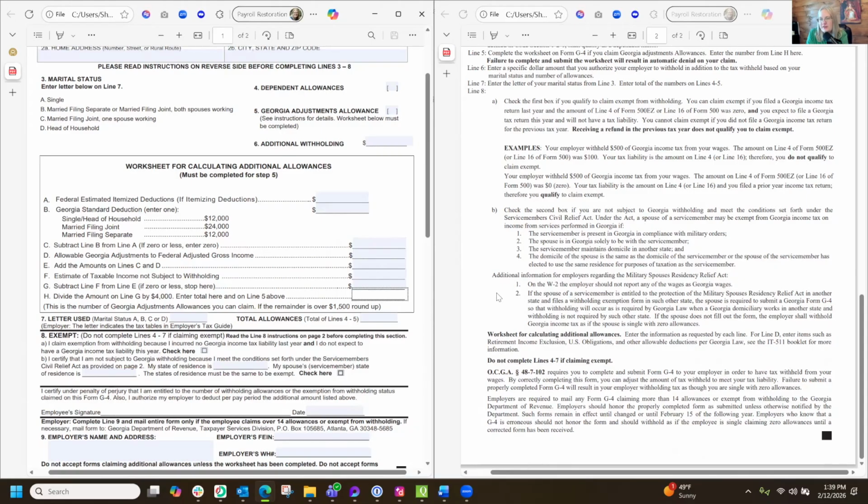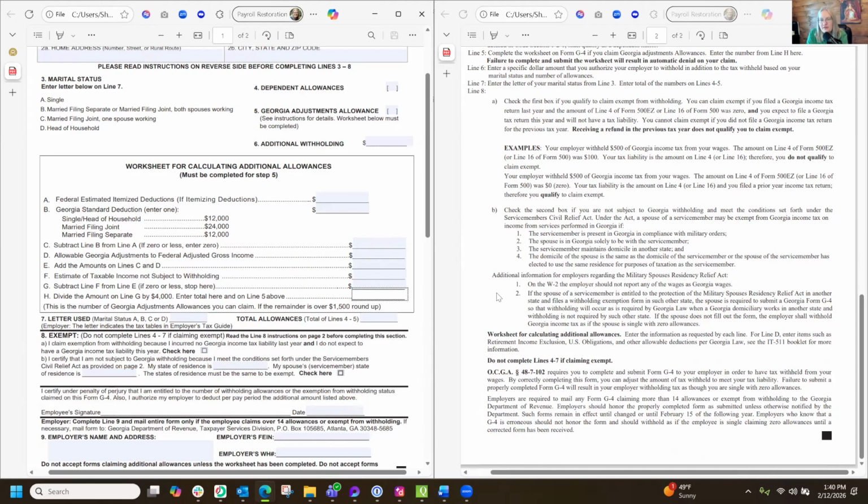Under the act, a spouse of a service member may be exempt from Georgia income tax on income from services performed in Georgia if the service member is present in Georgia in compliance with military orders, the spouse is in Georgia solely to be with the service member, the service member maintains domicile in another state, and the domicile of the spouse is the same as the domicile of the service member, or the spouse of the service member has elected to use the same residence for purposes of taxation as the service member.